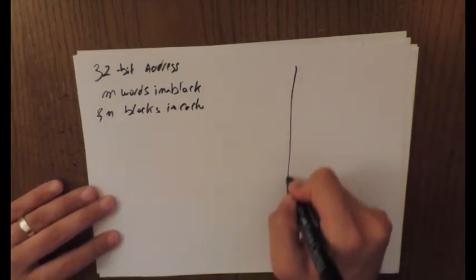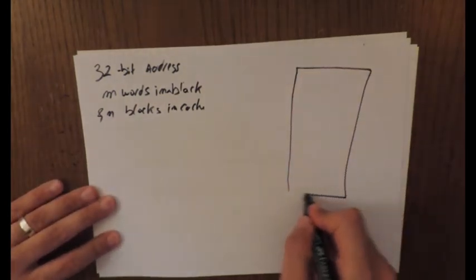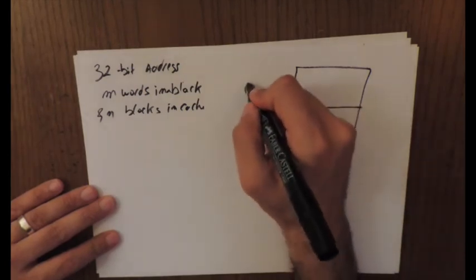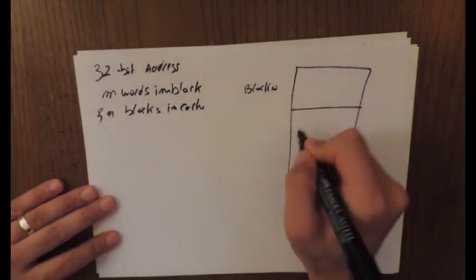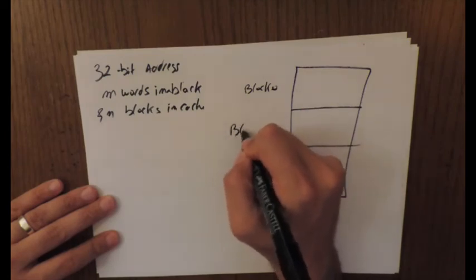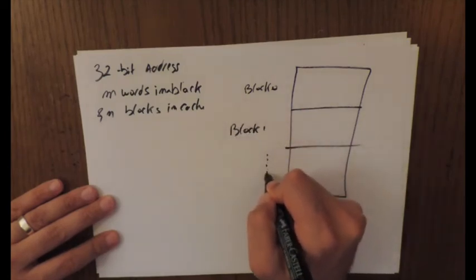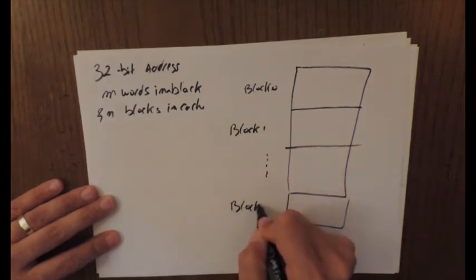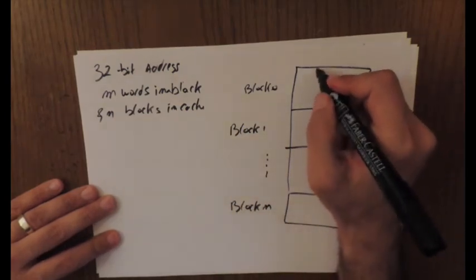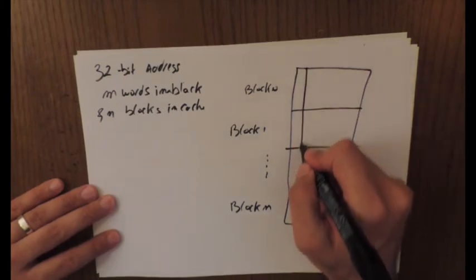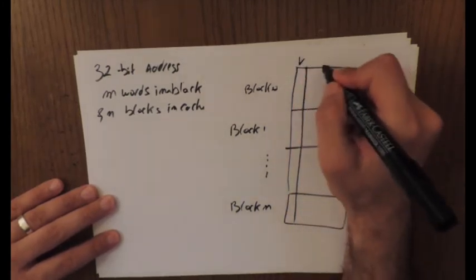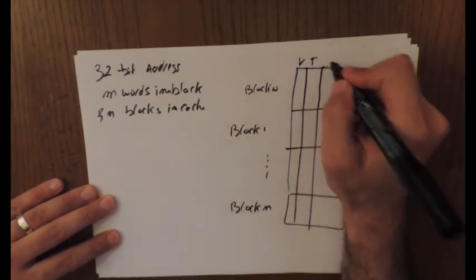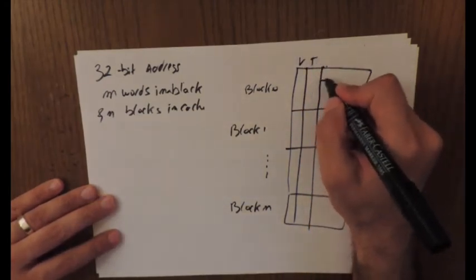This means I have block 0, block 1, all the way to block n, and of course I will have the valid bit, the tag, and then I have m words.